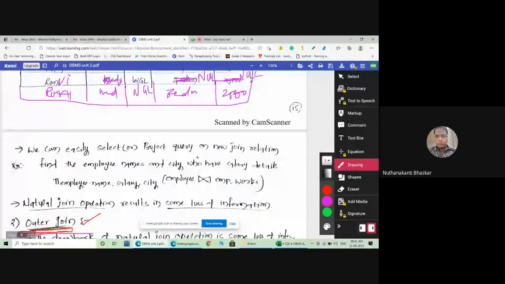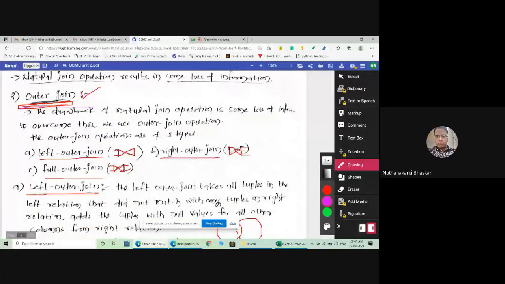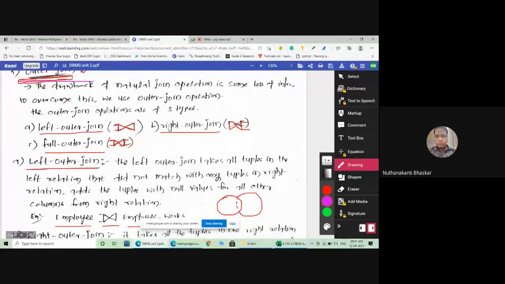We have three categories of outer joins, as we discussed in the last class with examples. I am just giving the idea because it is very important: left outer join, right outer join, and full outer join. In the left outer join, all tuples of the left table must be reflected in the result, and from the right table only the related tuples are reflected.